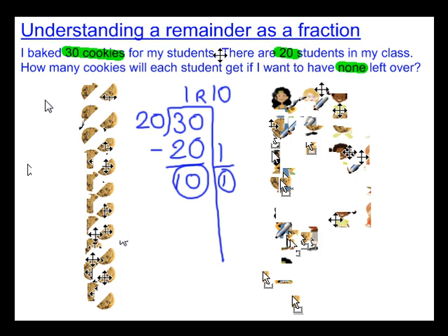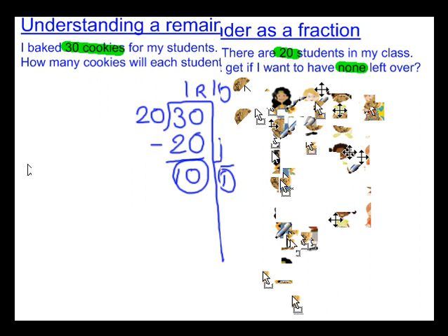We have 20 students and 20 half cookies, meaning that we can give each student another half cookie. I'm covering her face in cookie. So how many cookies will each student get? Yep, you're right. Each student's going to get 1.5 cookies.